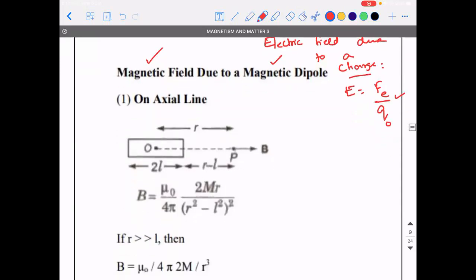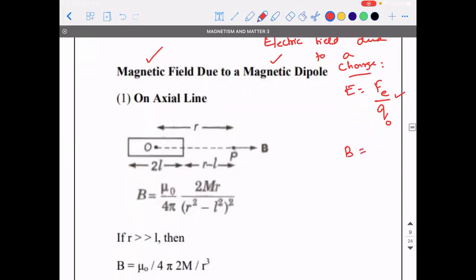In a similar way, if I have to define the magnetic field in terms of force, how will you define it?